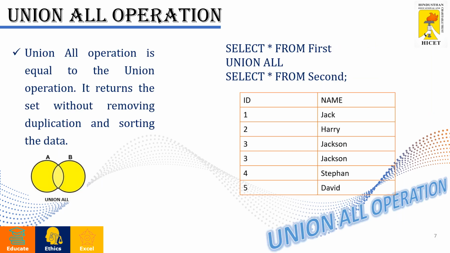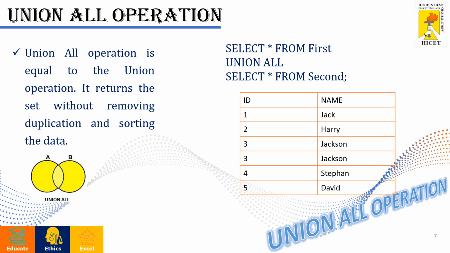The next operation is the union all operation. This is similar to the union operation, but the only difference is that it doesn't remove the duplicate values. The query written here is for the same tables which we have seen in the previous slide. The first table contains 3 values and the second table contains 3 values.